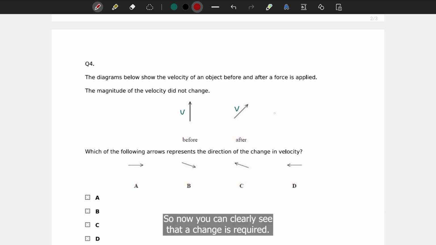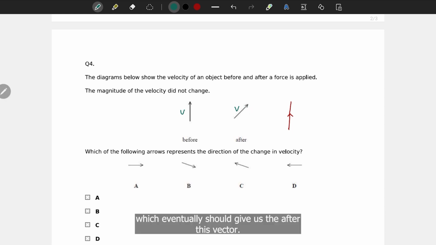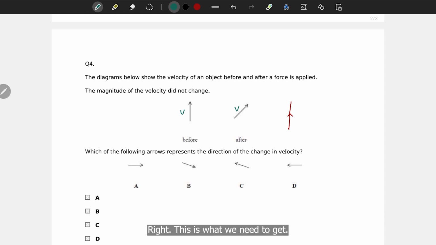right? So now you can clearly see that a change is required. Now this is my previous vector before. A change must be applied on this, whatever the change is, should eventually give us the after vector, right? This is what we need to get.